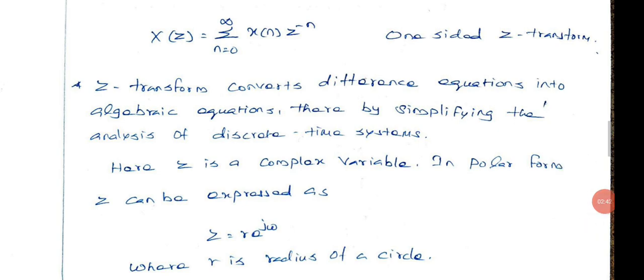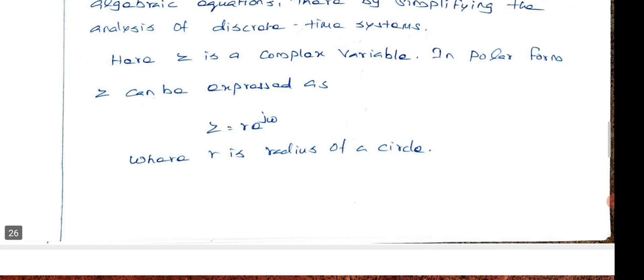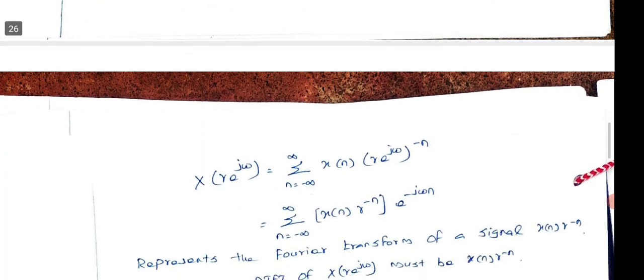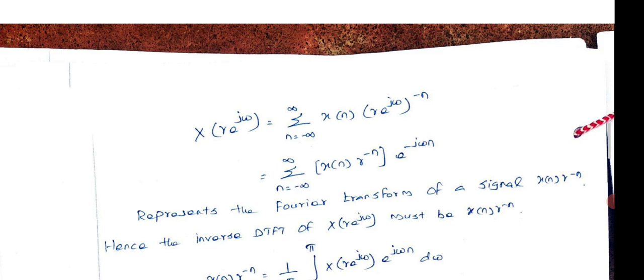In polar form, z can be represented as z is equal to r into e power j omega, where r is the radius of a circle. So we can represent x of z is equal to x of r into e power j omega. In the place of z, we put r into e power j omega.